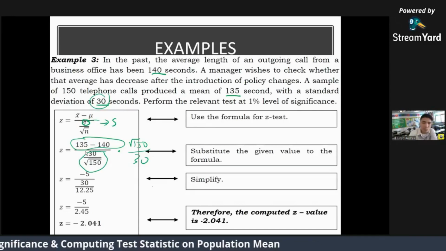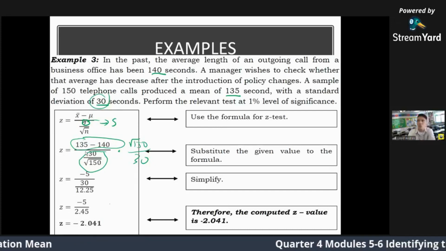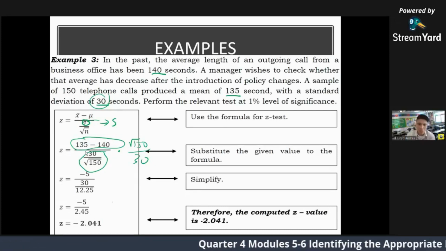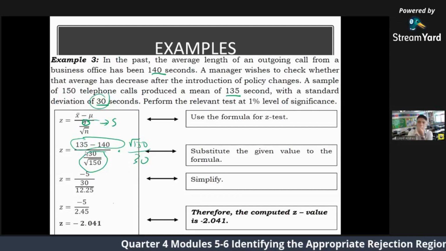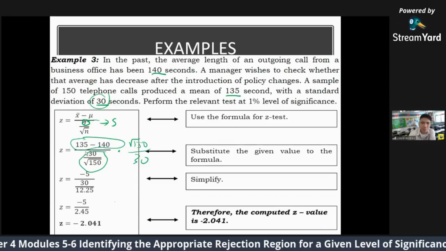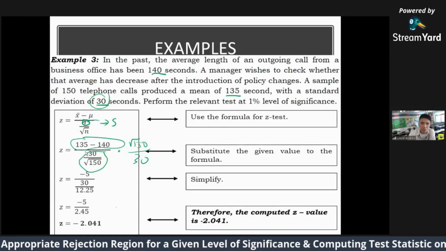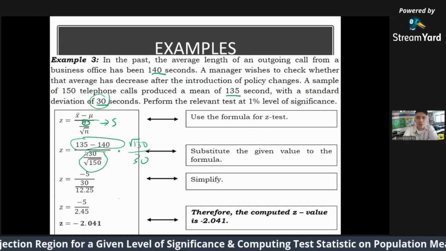Rounding off, you can use 3 decimal places. Actually, for z, 3 decimal places is enough. So negative 2.041. That's our z value.